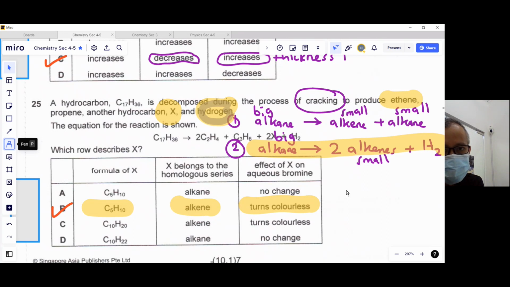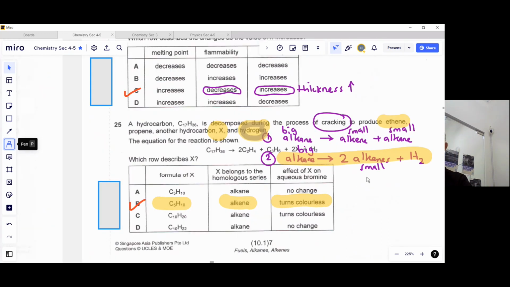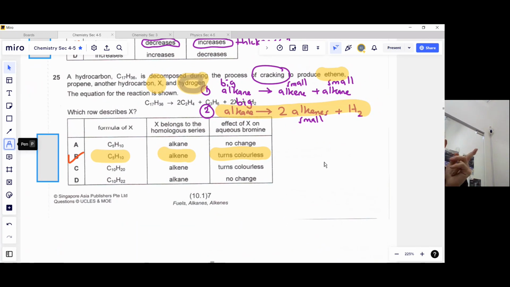If you look at the last part, remember, there's one way to be very sure. This is another method. Look at your formula. Okay, let me just finish this off. What do you have here?